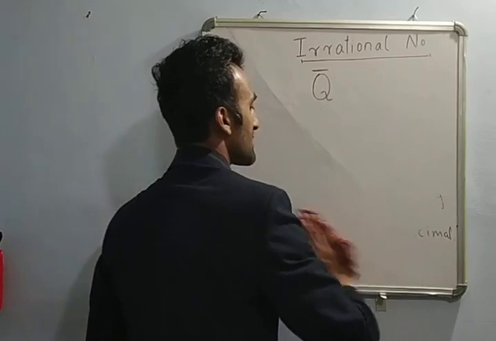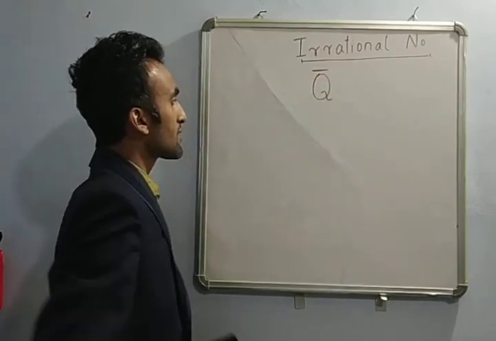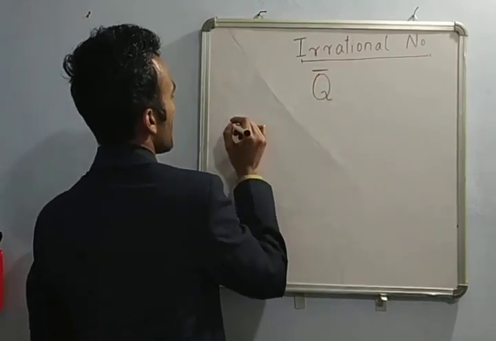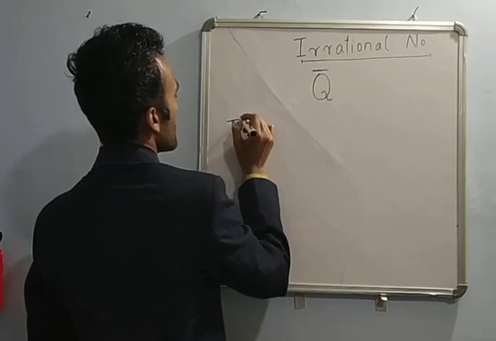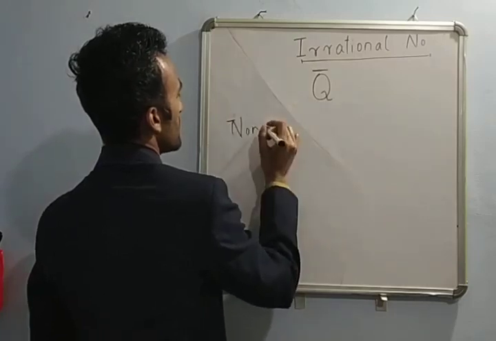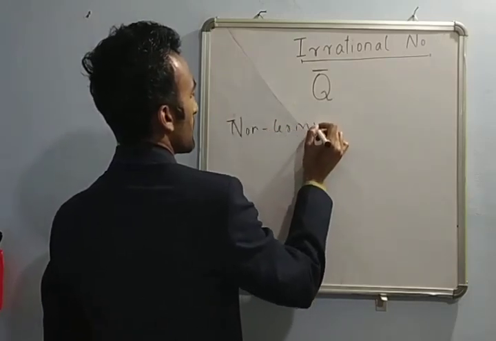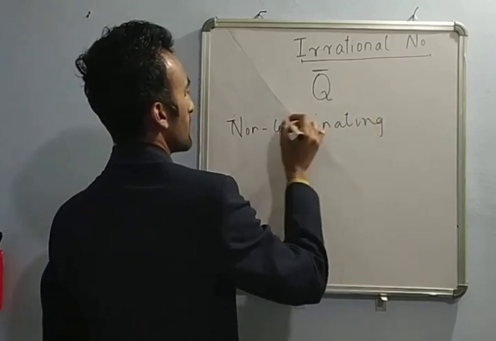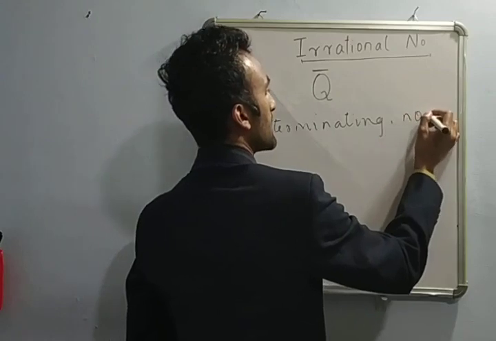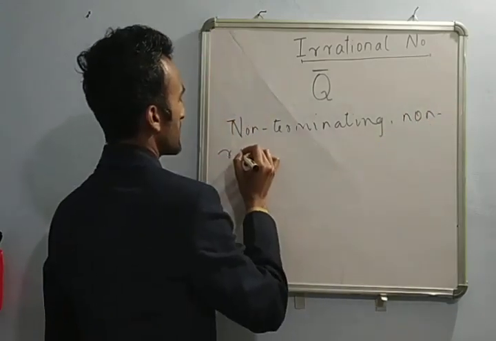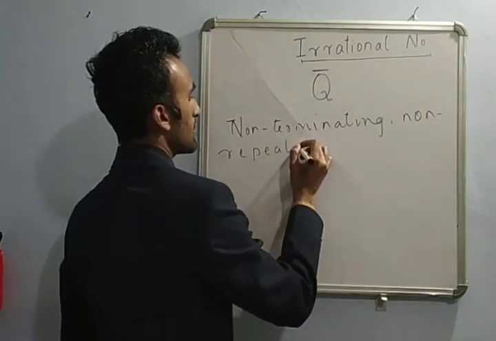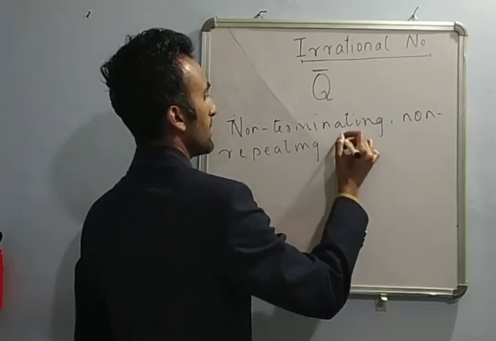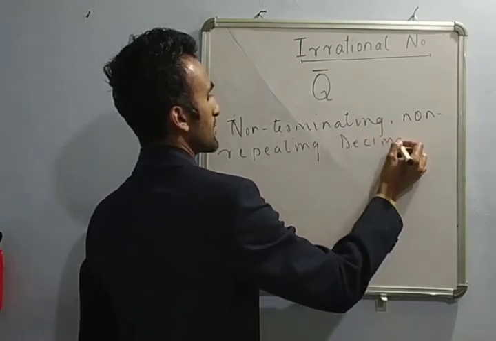And what is for irrational? An irrational number has a non-terminating, non-repeating decimal expansion. Remember, non-terminating, non-repeating decimal expansion.